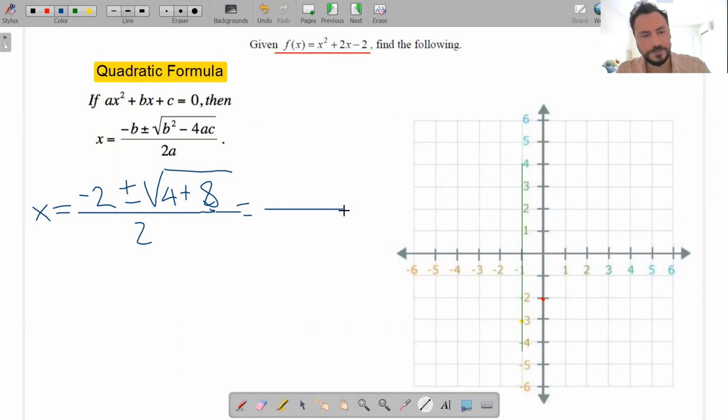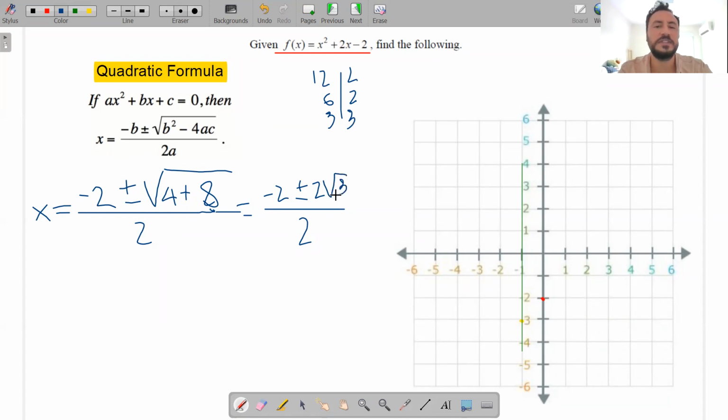Square root of 12. 12 can be factorized as 2 by 2 by 3, right? That means the 2 comes out of the square root, but 3 stays in the square root. So the square root of 12 is going to be 2 square root of 3.